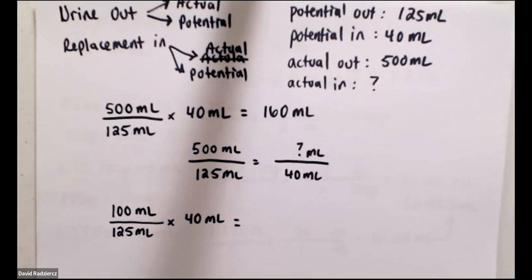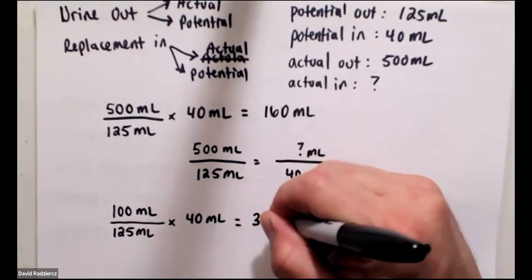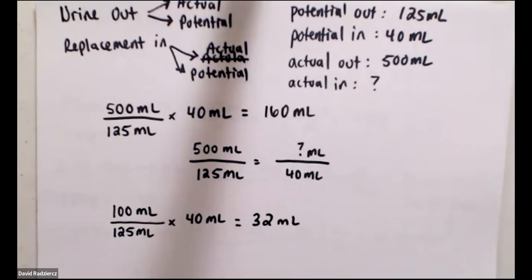You can do 100 divided by 125, times 40, and then you'll get a replacement volume of 32 milliliters. And it's okay. And that should make sense, right?